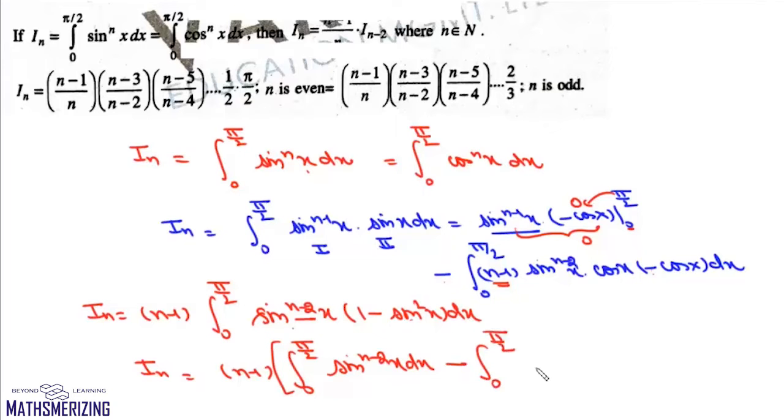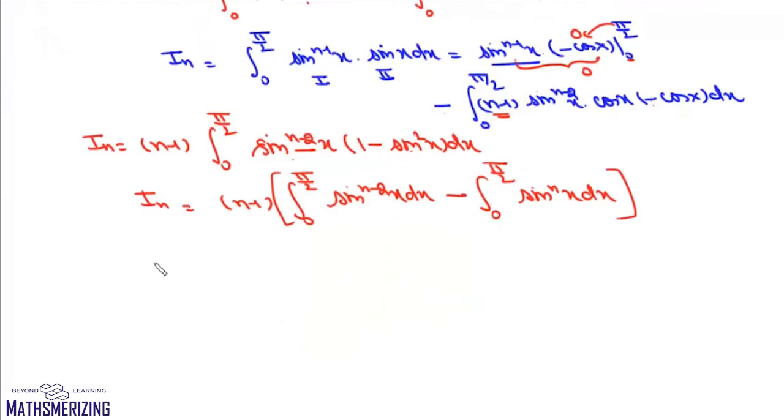Now n minus 2 plus 2 is sine to the power n x dx. Now this is I n, this is n minus 1. Now it is the same integral, it's just that the power here is n minus 2. So this is I n minus 2, and then minus, and it is nothing but I n.